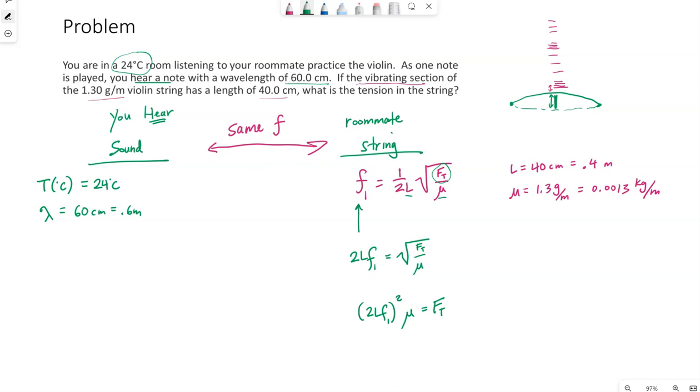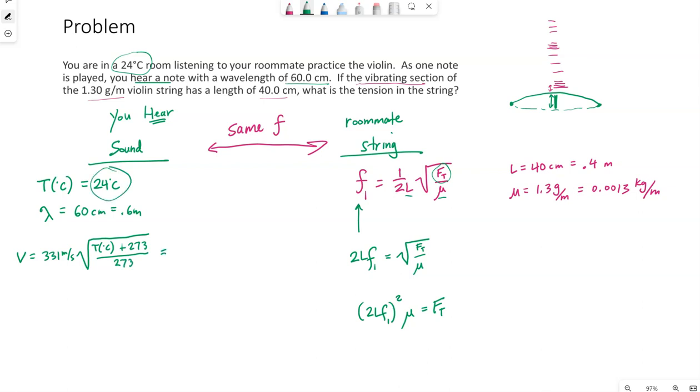All right, so sound, we know the speed of sound depends on the temperature. This was in our previous chapter. So we can calculate this.